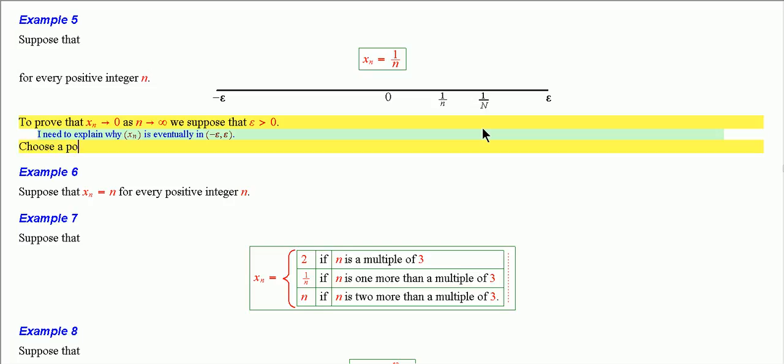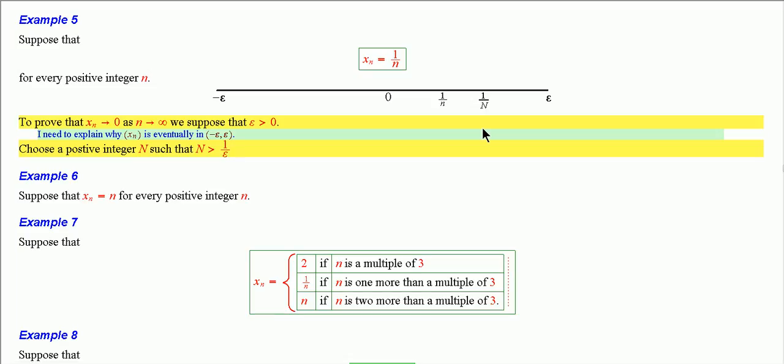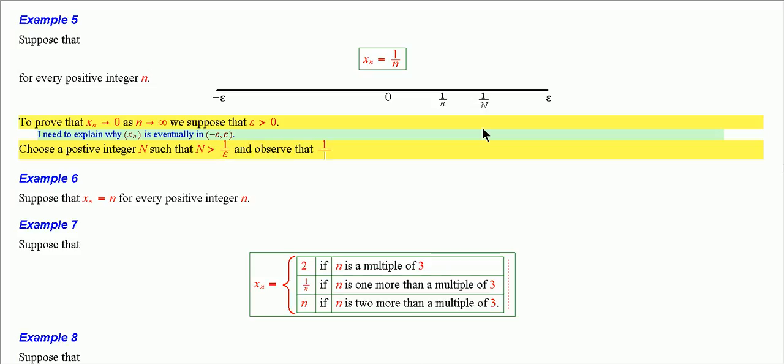Choose a positive integer, big N, such that big N is greater than 1 over epsilon. That's, I think, what you were trying to say. And observe that 1 divided by big N is less than epsilon.